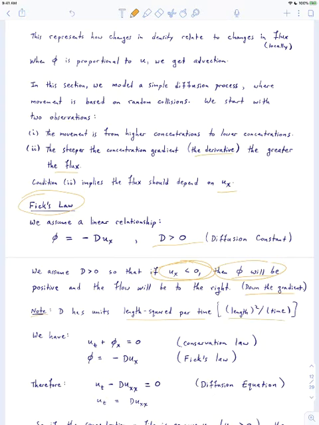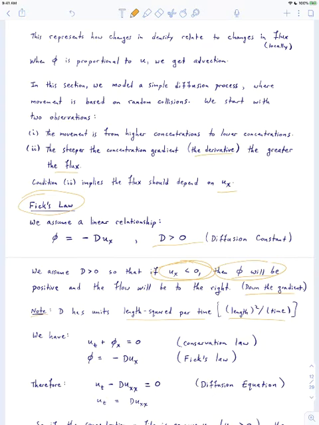So what do we have so far? We have our conservation law, u sub t plus phi sub x equals 0. And we also have Fick's law, which tells us the relationship between the flux and the partial derivative of u with respect to x. So if we combine these, we get what we call the diffusion equation.